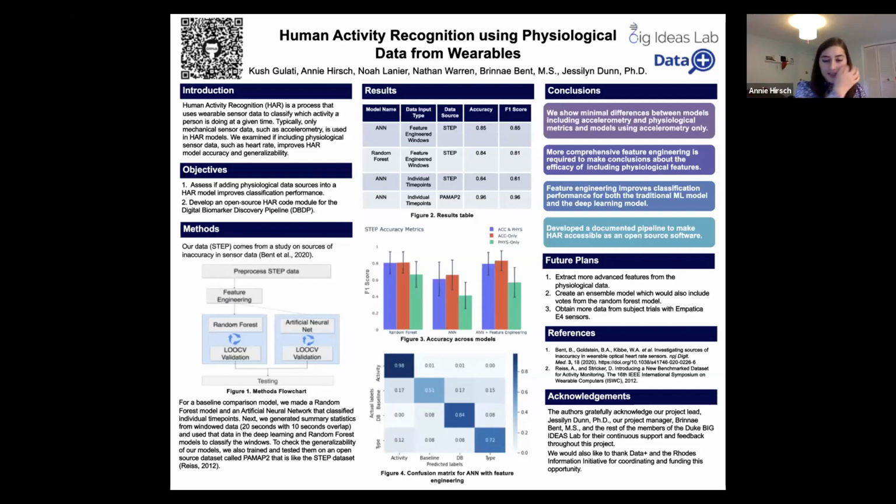Most of it is predicting the deep breathing and typing from baseline, as you can see in the confusion matrix. Part of this was because originally in the experimental design, activity and baseline were performed for 4 or 5 minutes, and then deep breathing and typing were performed for 1 minute. So we had to do some undersampling or some sort of balancing to make sure that those leveled out.